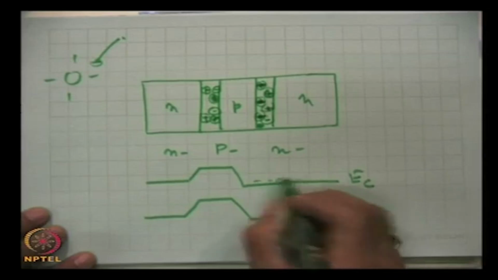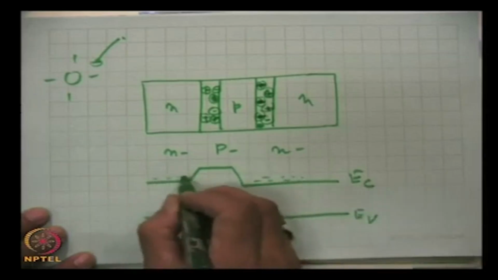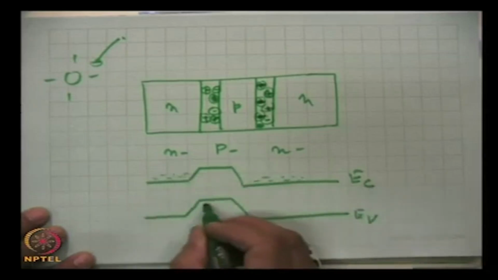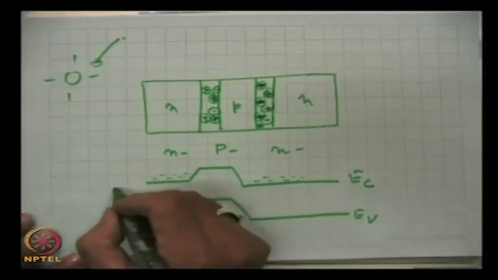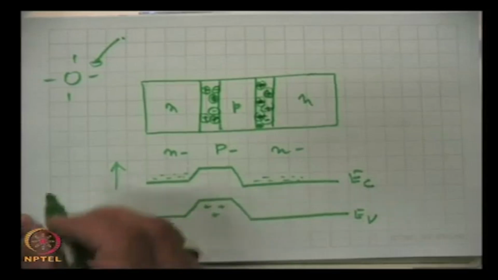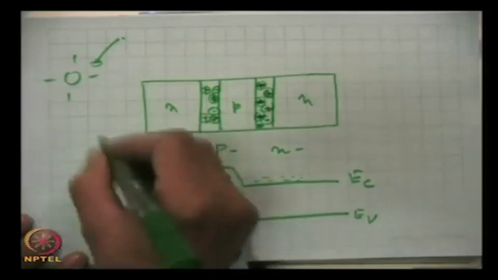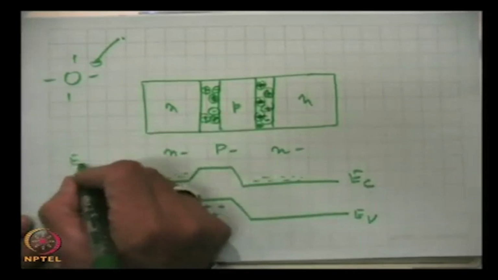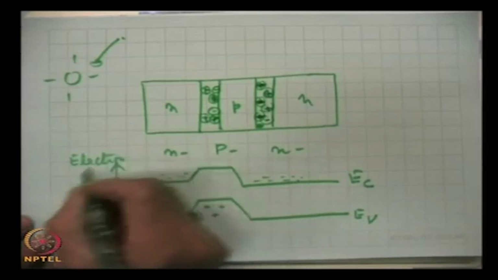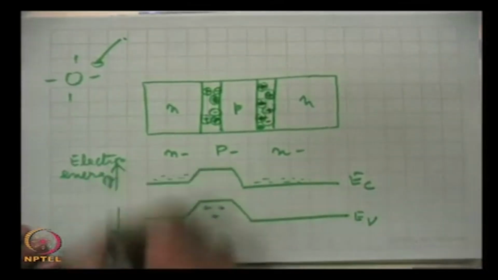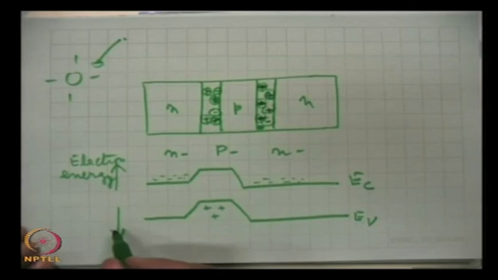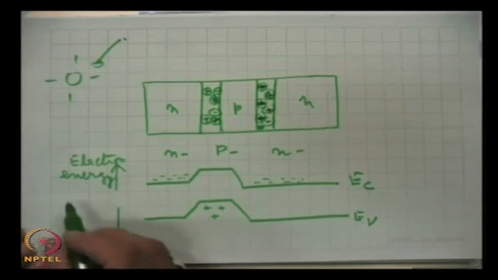Here there are electrons, here also electrons, and here these are holes. This is the electron energy which goes in this direction, while the hole energy goes in the opposite direction. This also we had discussed earlier. This is the hole energy.